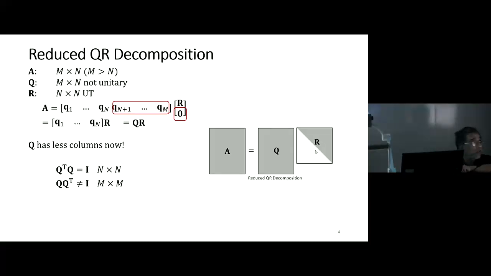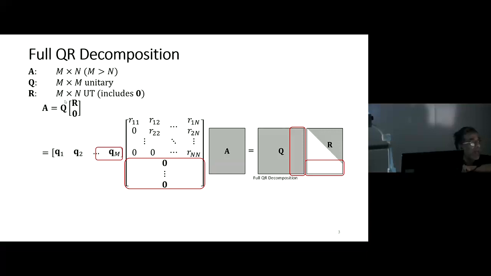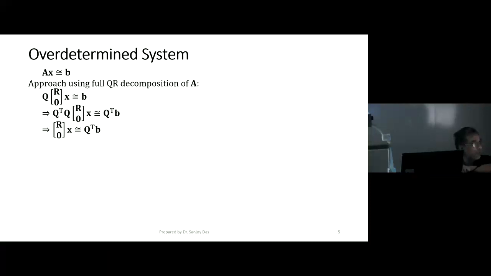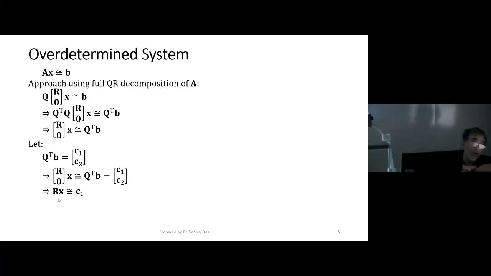Well, I wrote m by m, but sorry about that. It's a little confusing. I could have written n by n here, okay? That would explicitly mean only this part. Sorry about this typo. Anyways, we'll end up with R, where R is an upper triangular matrix.